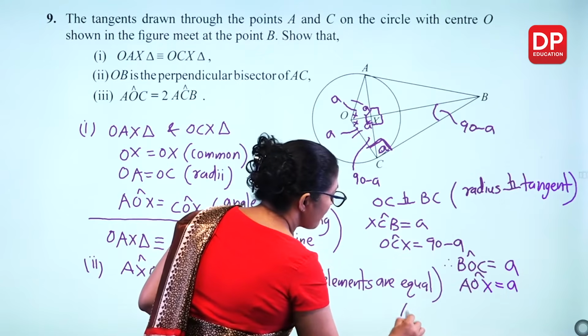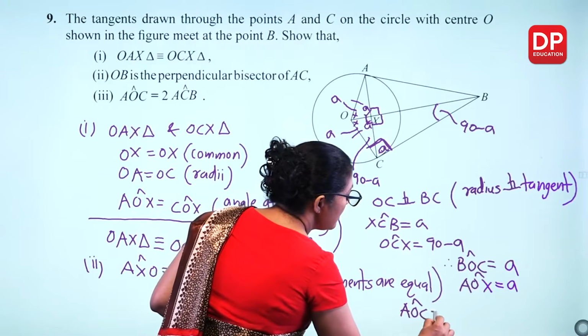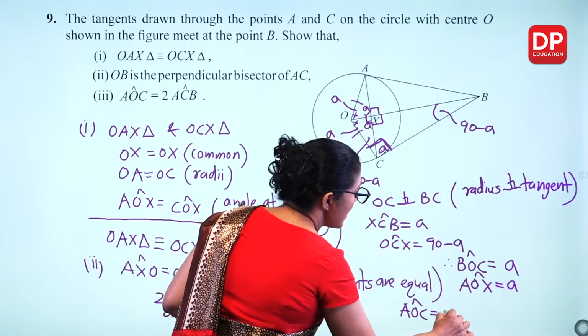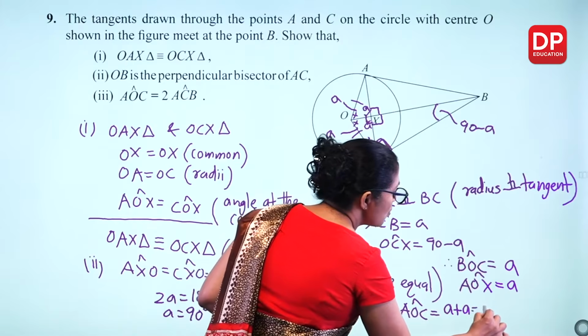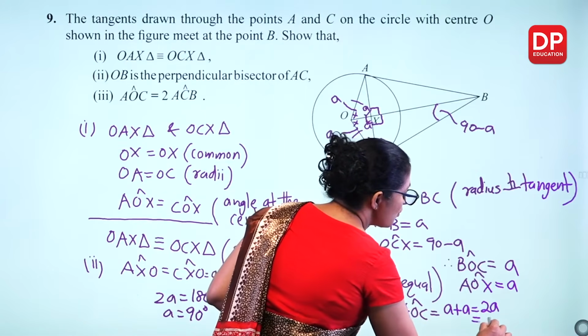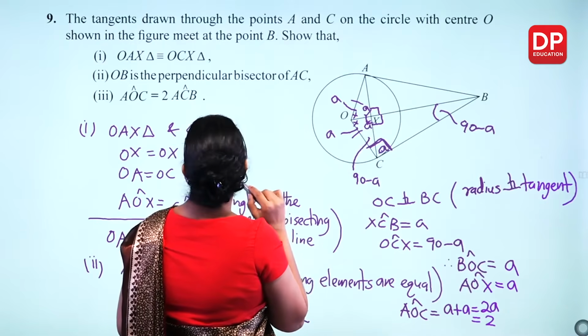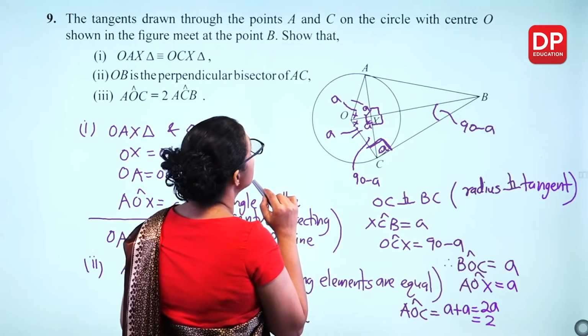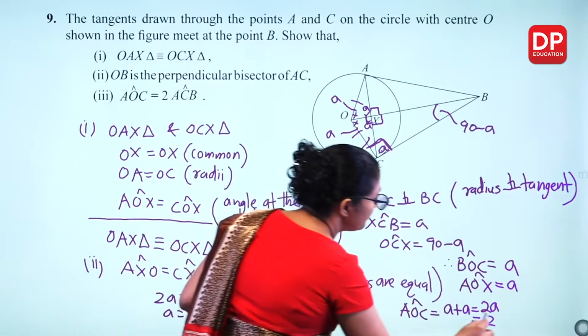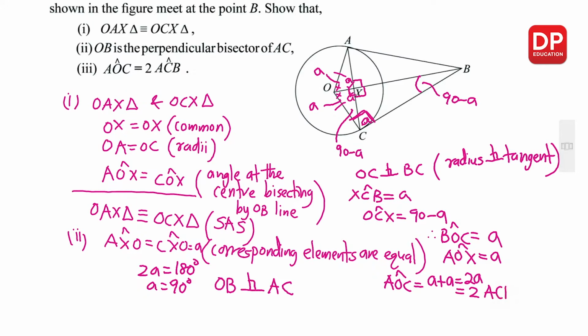Angle AOC is A plus A, that's 2A, 2 times this A angle. A angle we can write down as ACB. So AOC is twice of ACB.